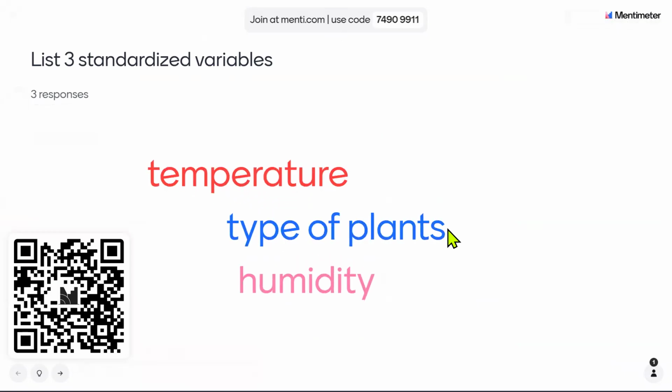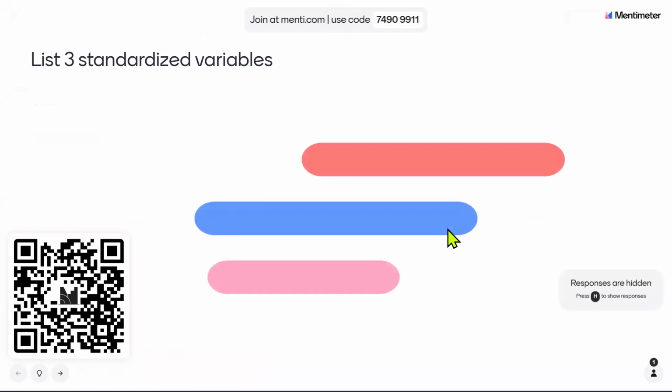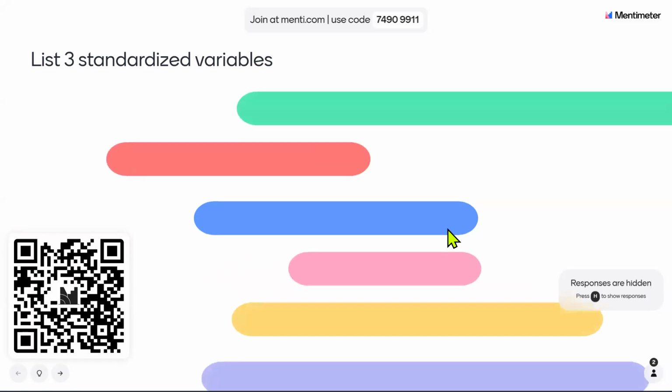I'm going to hide these things. Remember, I was doing an activity. Here's the question, all right? We are trying to test if increasing protein in cows' diet would cause them to make more milk. So please go log on and give me 3 standardized variables. It can only be one word. Now you can type. Oh, okay. It's okay.